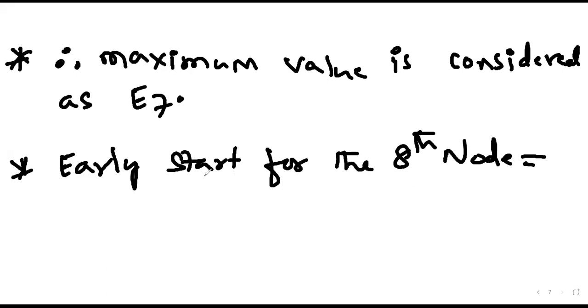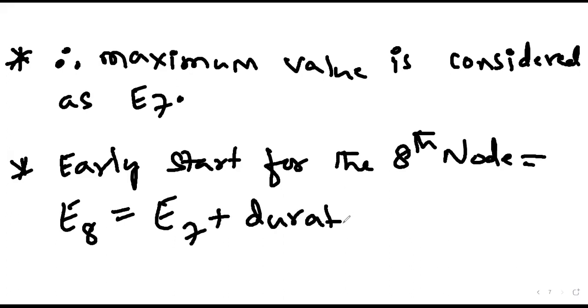Can you calculate the early start for 8th node? E8, what should be the equation? E7 plus duration of 7 dash 8, and that is equal to how much?